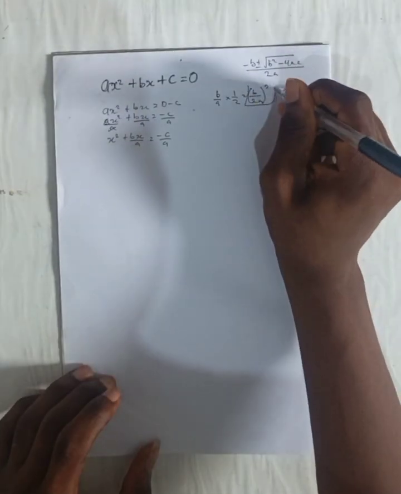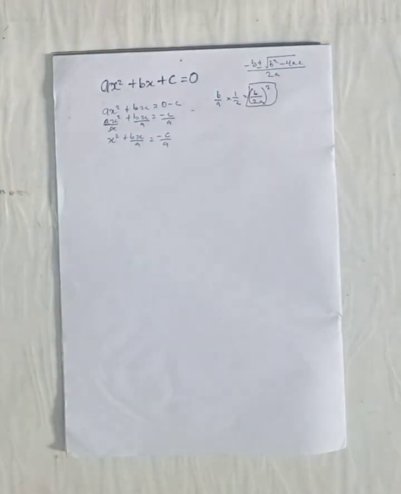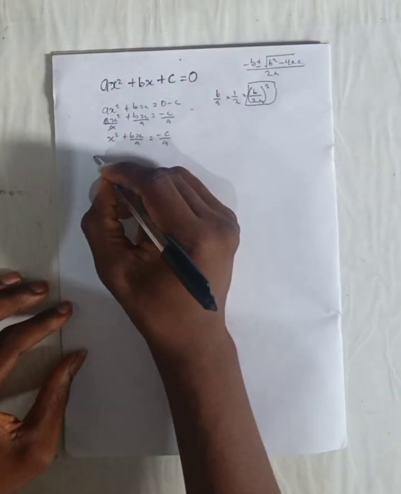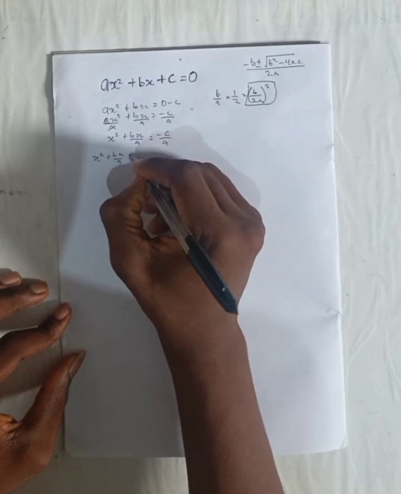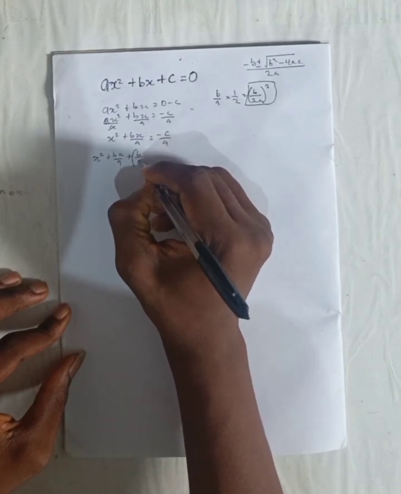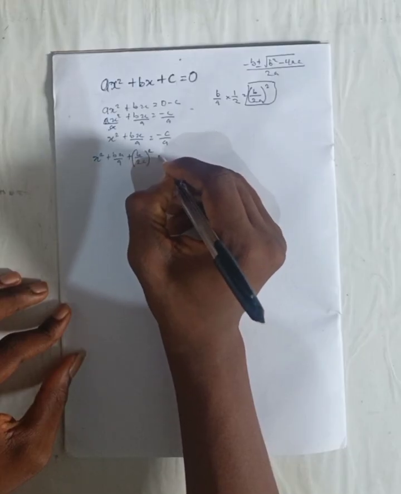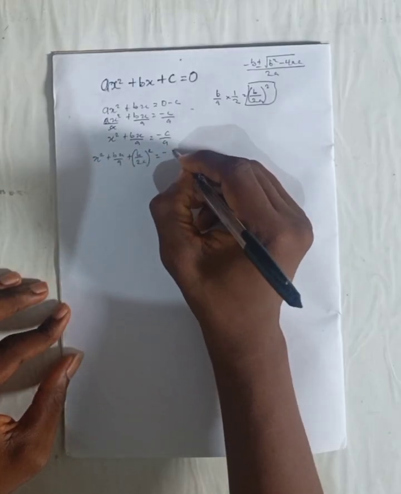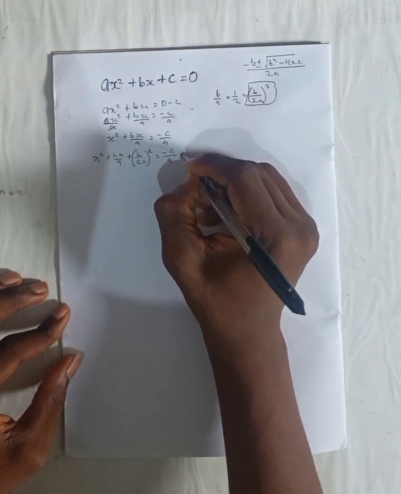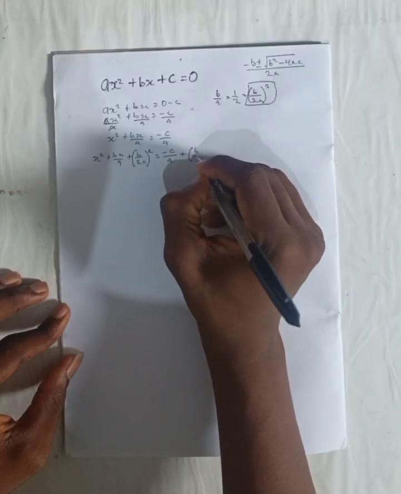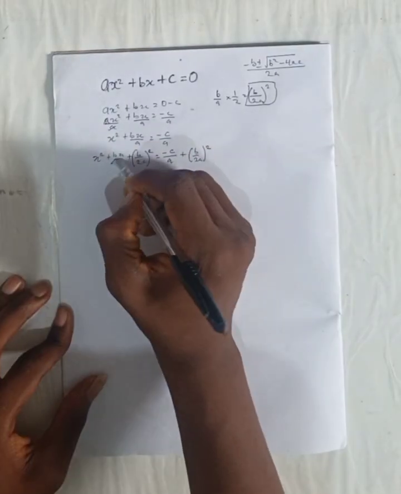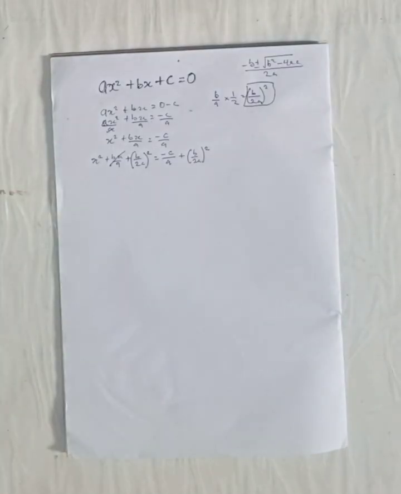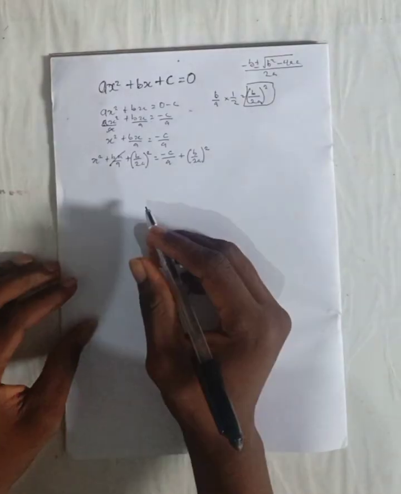Then we use this to add to both sides, saying x squared plus bx over a plus (b over 2a) all squared equals minus c over a plus (b over 2a) all squared. So this one we're going to take out because we've done what we want to do with it.